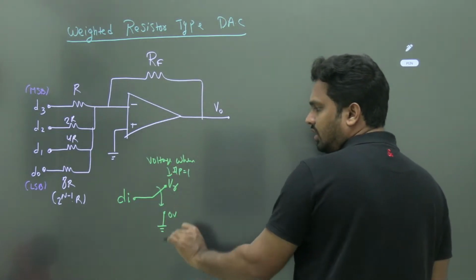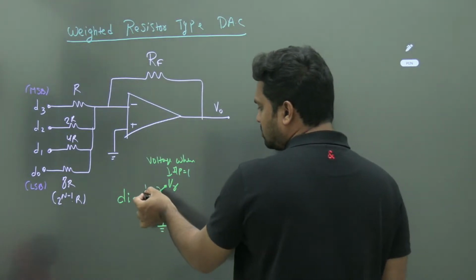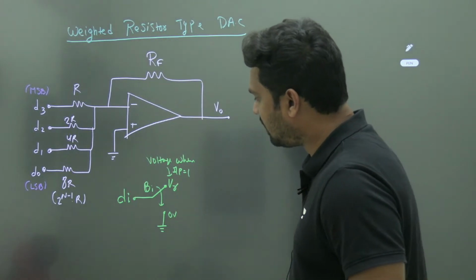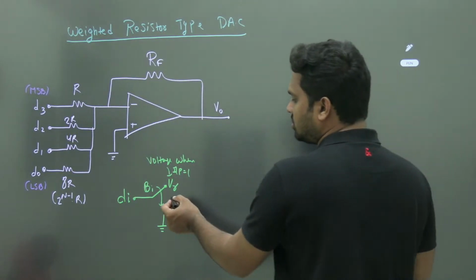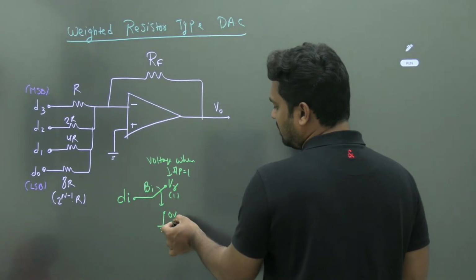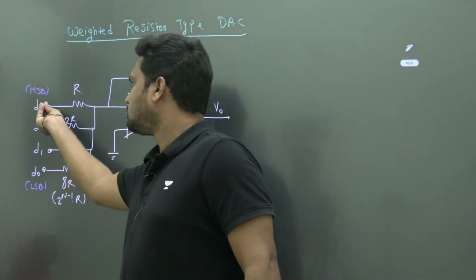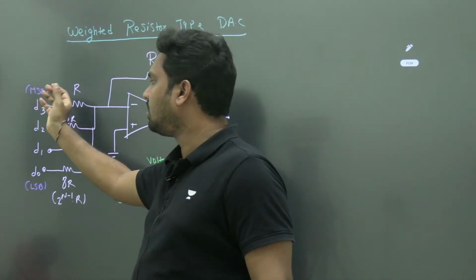So if a particular bit is 1, it will give VR. If it is 0, it will connect to 0 volts. So like this, for bit 1 and bit 0, you connect to two different voltages.